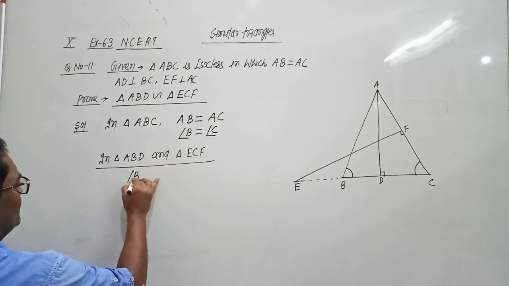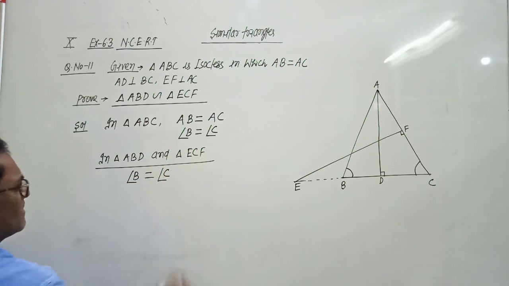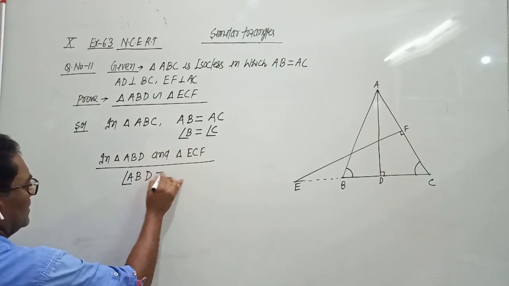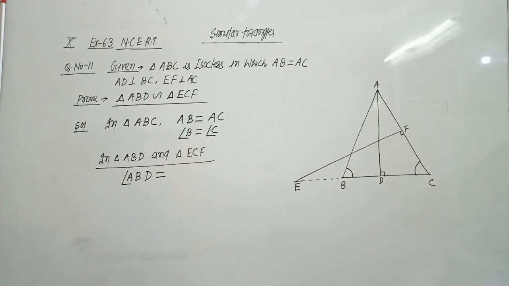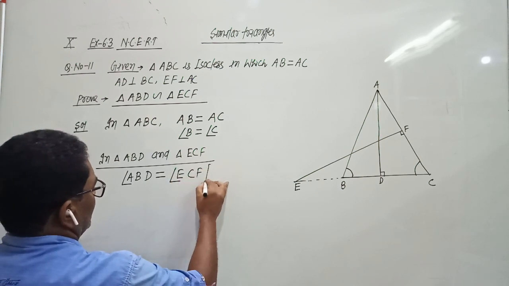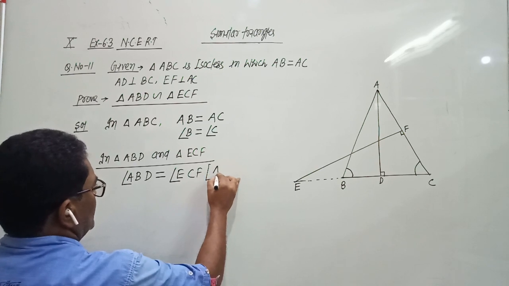So angle B equals angle C. So angle ABD, we can also write, angle ABD is equal to angle ECF, because AB equals AC.